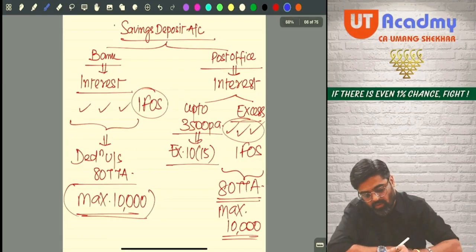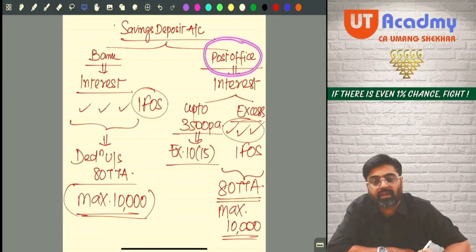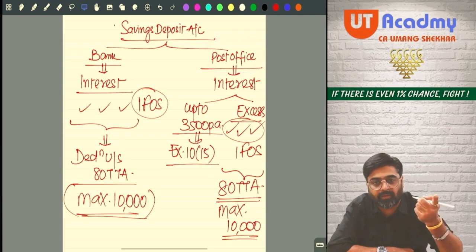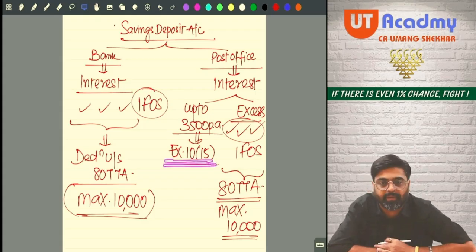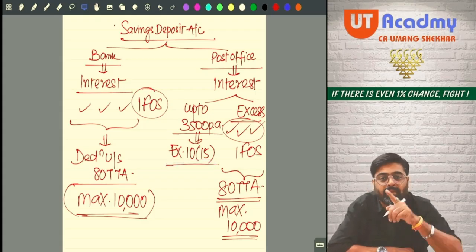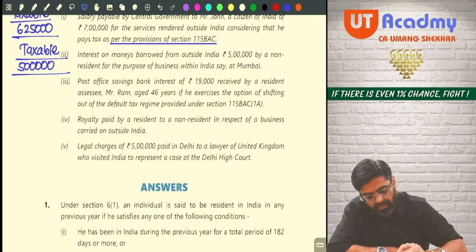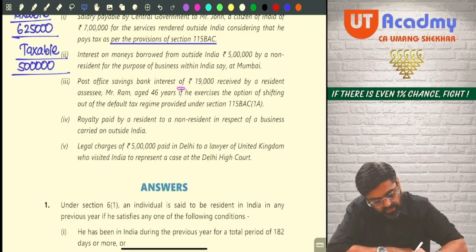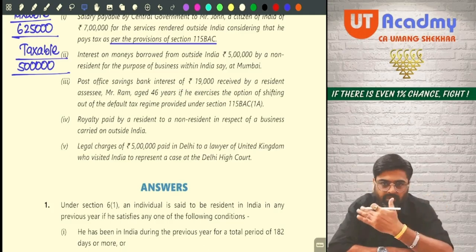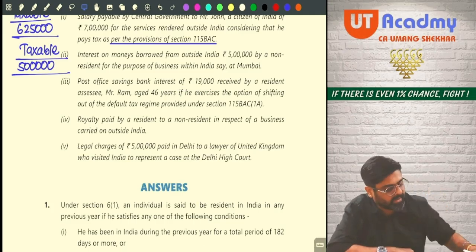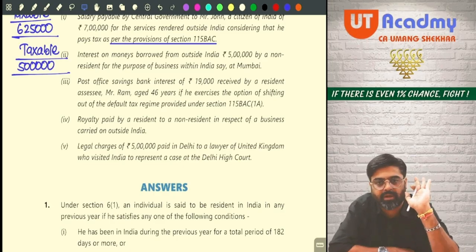Savings deposit account, if in a post office you are having a savings deposit account, whatever interest you are earning, up to 3,500, it is exempt under section 10(15). So tell me how much post office interest you are earning? You are earning 19,000. So out of that 19,000, first 3,500 will be exempted. So how much remains? 19,000 minus 3,500, 15,500 remains.